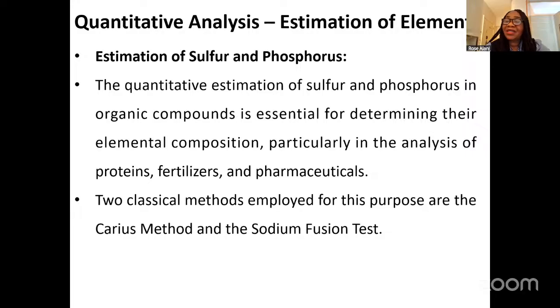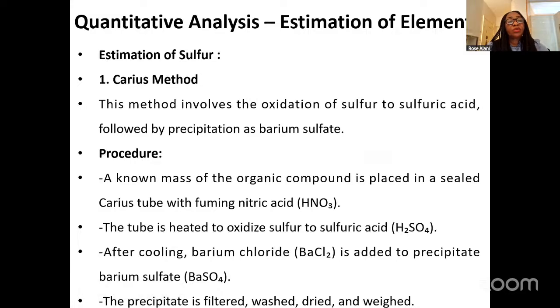There are two classical methods used here: the Carius method and the sodium fusion test. For sulfur, the Carius method involves the oxidation of sulfur to sulfuric acid, followed by precipitation as barium sulfate.